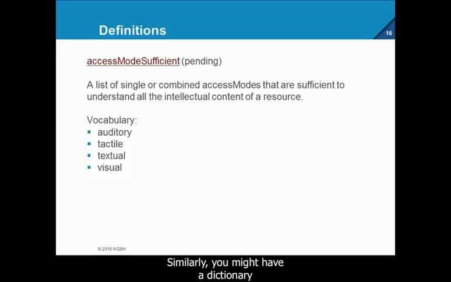Similarly, you might have a dictionary that's almost all text, but they've got recordings of the audio for the pronunciation of each word. And then you would want to say that your access mode sufficient to use this book is that you must be able to read textual material. We call that textual and not visual, because if it's true digital text, it can be read aloud, it can be translated to Braille, and so on.